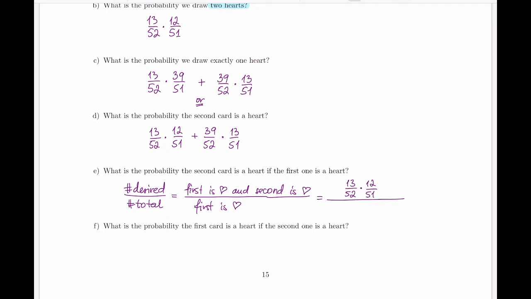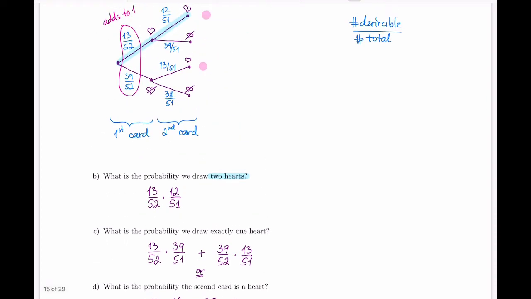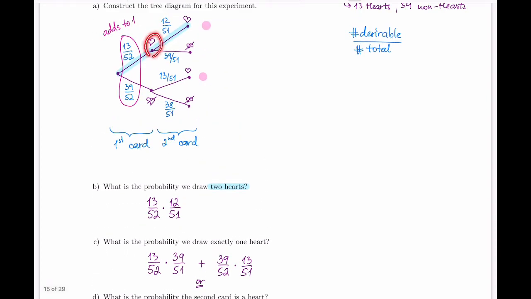The bottom, we are going to look for when the first card is a heart. So we have to follow the branches when the first card is a heart. It can happen here and it can happen here. And those are the probabilities that we're going to include. So 13 over 52 times 12 over 51, which is of course our already existing choice, or we can follow the second branch of 13 out of 52 times 39 out of 51.